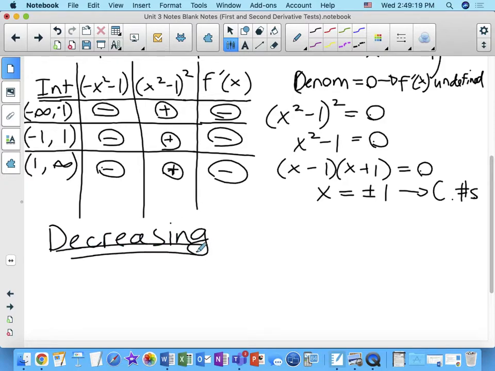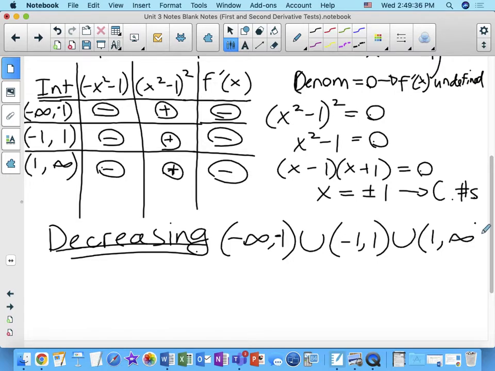Well, there's 2 ways that you can write this. You can say it's decreasing here, negative infinity to negative 1, that's the second time I've done that, unioned with negative 1 to 1, unioned with 1 to infinity. These symbols come from set theory, and they basically mean you're joining those sets together.